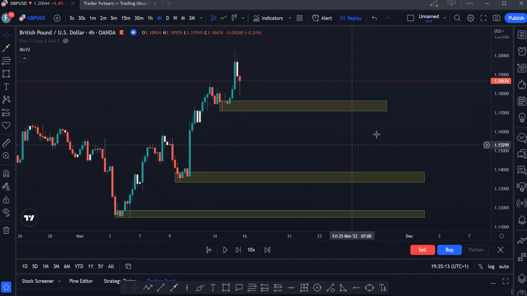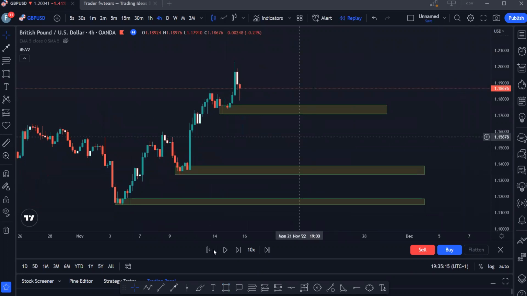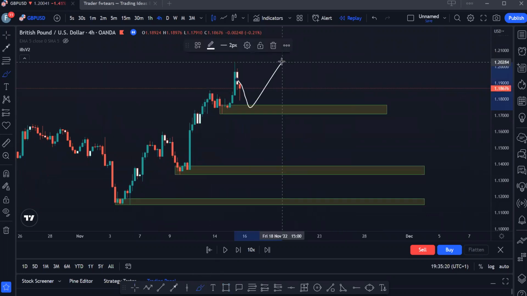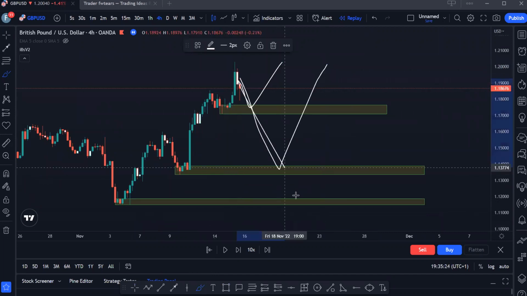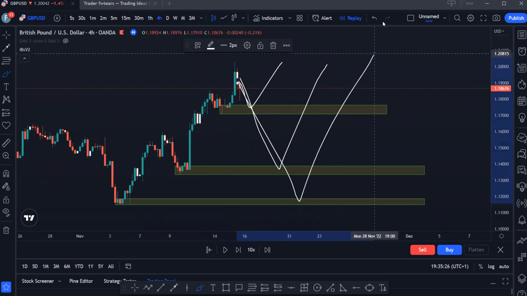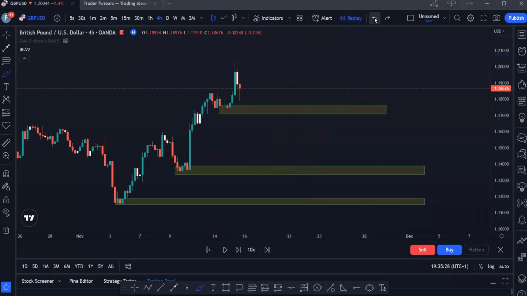So we're waiting for price to retrace into here, then we buy, or into here, then we buy, or into here, then we buy. Let's play forward and see how price reacted at these zones.